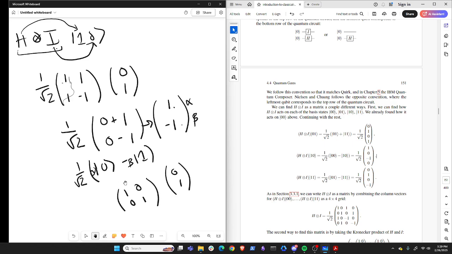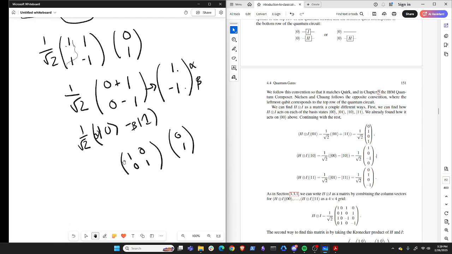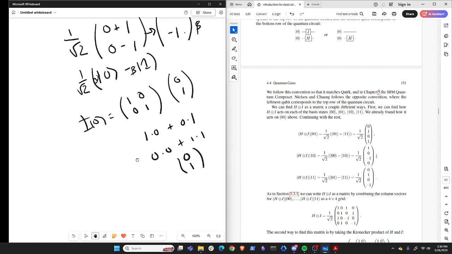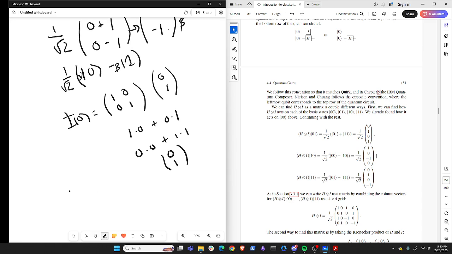This is going to give us 1 times 0 plus 0 times 1, and 0 times 0 plus 1 times 1, which gives us 0 and 1, so it just preserves that. We wind up with 1 over square root of 2, 1, negative 1, 0, 1.